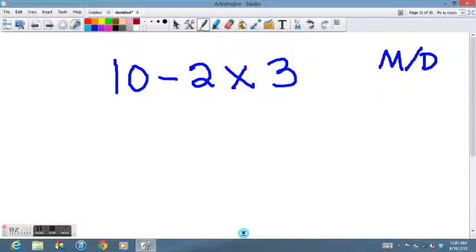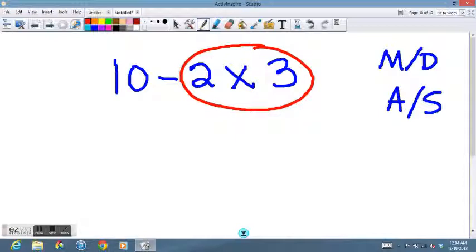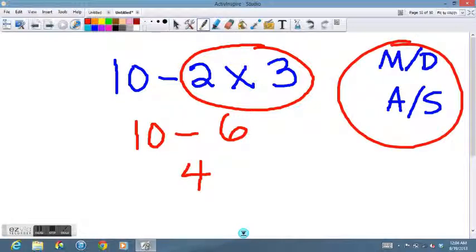Then we can do addition and subtraction. Alright, so we have to do multiplication in this case first. So our next step will be 10 minus 2 times 3 is 6. And then we can do the subtraction. So 10 minus 6 is 4. Alright, very important to remember your order of operations in order to get the correct answer.